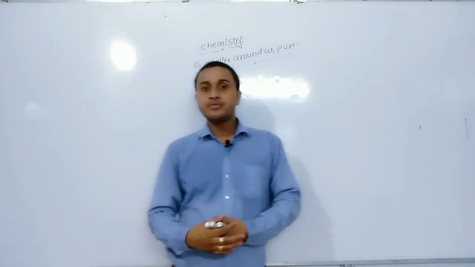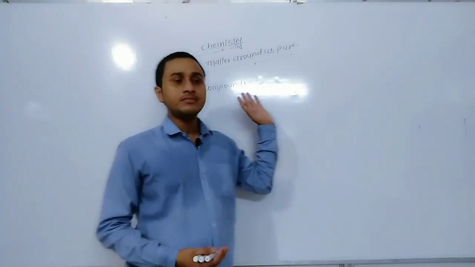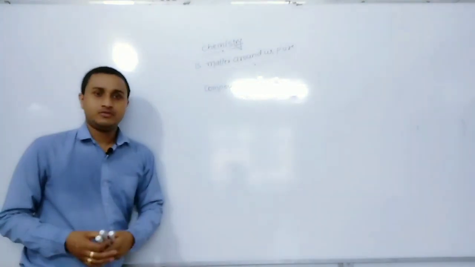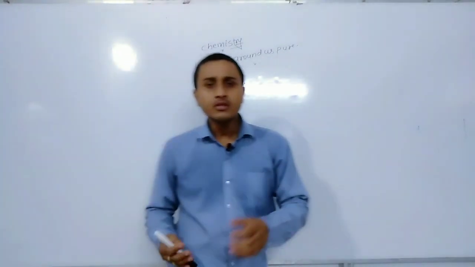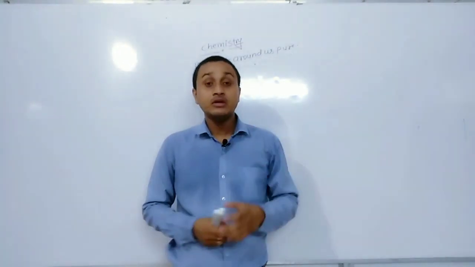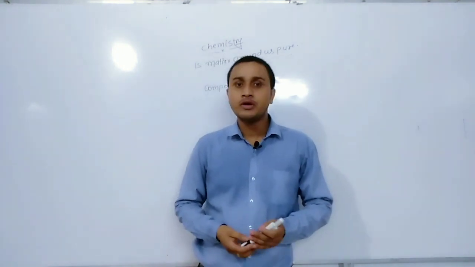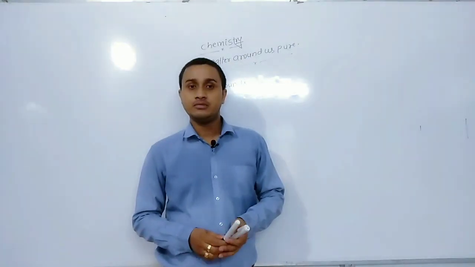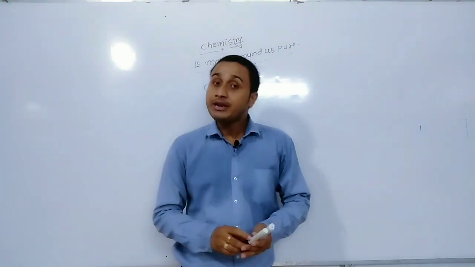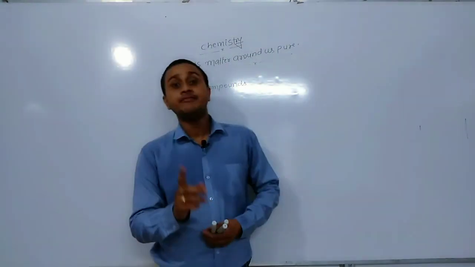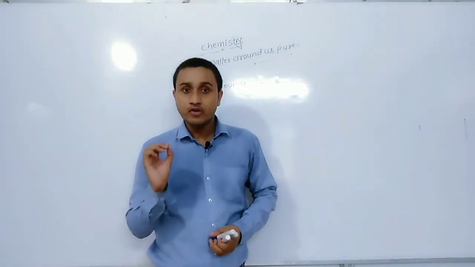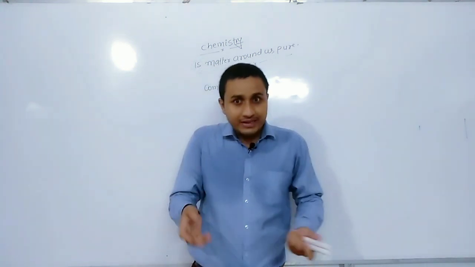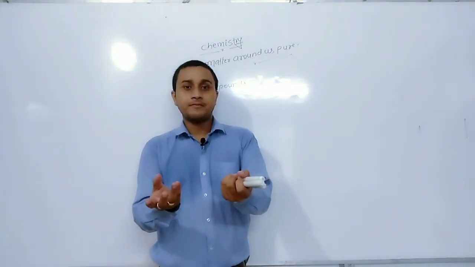In this lecture, we will study the term compound. What is a compound? A compound is formed by the combination of two or more elements in a fixed ratio. When we are talking about a fixed ratio, then it becomes a compound. Is it okay? Or we can say it is a trick to remember the term.